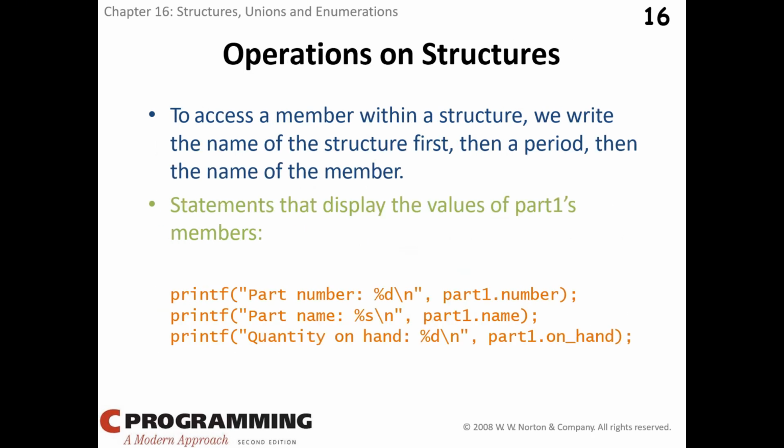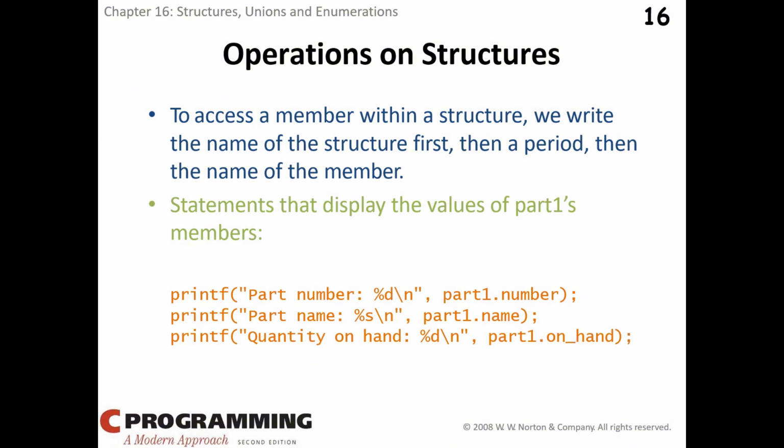If we want to access a member within a structure, we can use the structure variable's name followed by a period and the name of the member we want to access. For example, let's say we have a structure variable part1 that we've discussed before that represents a part in a warehouse. To display the values of its members, we will use statements like the ones at the bottom of the slide.